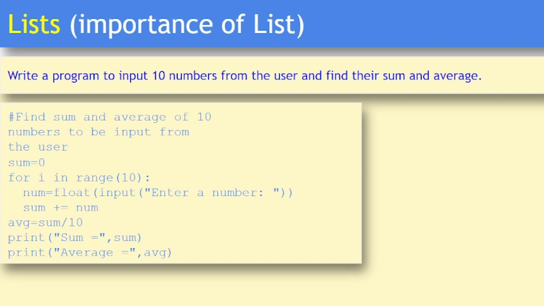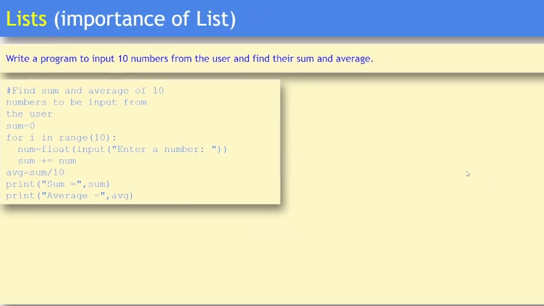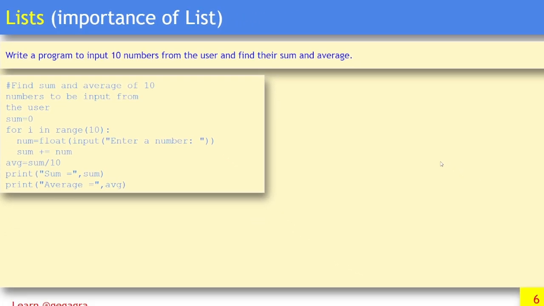Okay, so how does it show the need of the list?